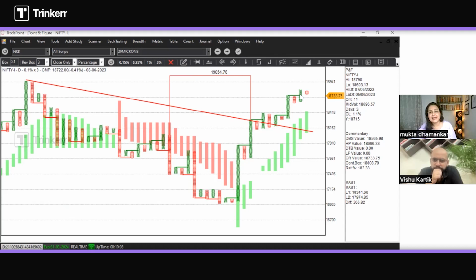Like in this case, it lasted for 3 days. On the right hand panel, you can see it started on the 5th of June and lasted till the 7th of June. So this is a swing of 3 days that we are looking at, which is one of the most important characteristics of point and figure. And when we are talking about MA, that is the moving average of 10 columns. So 10 columns behind.